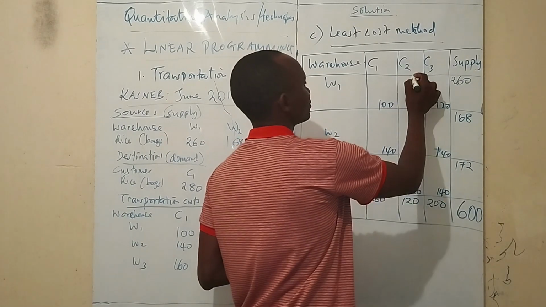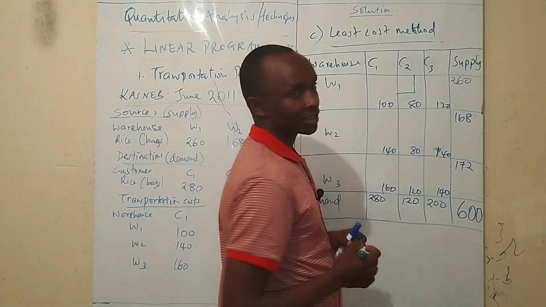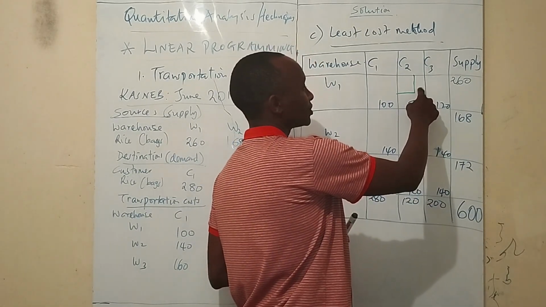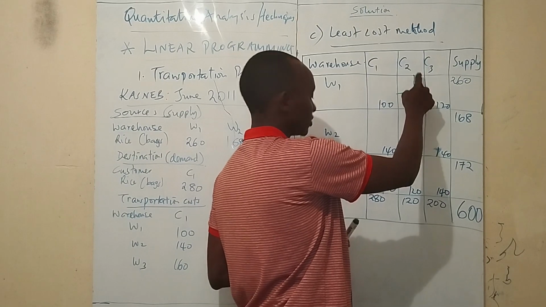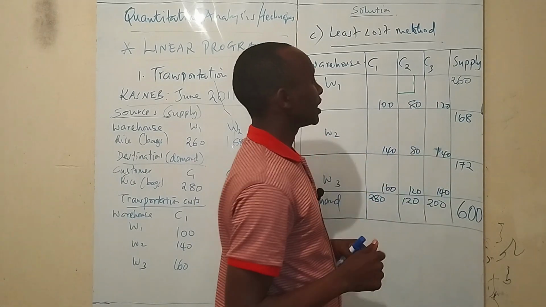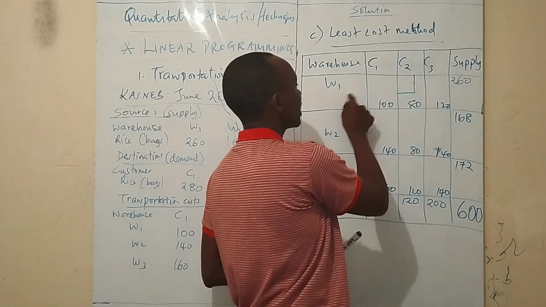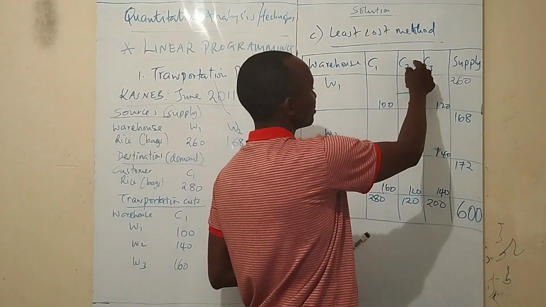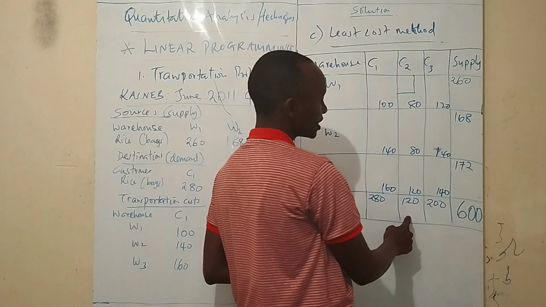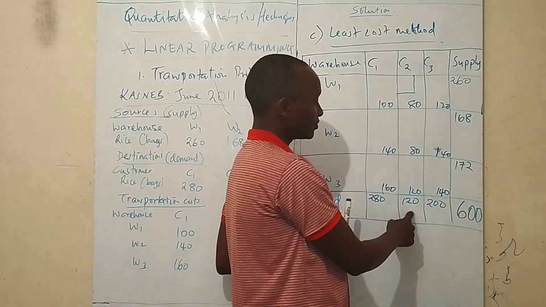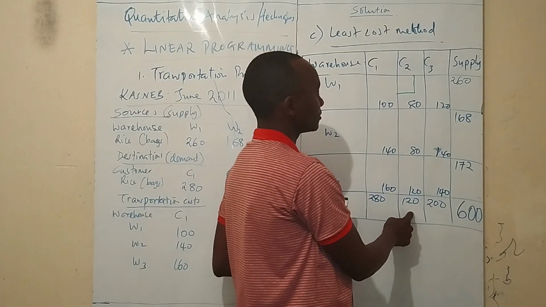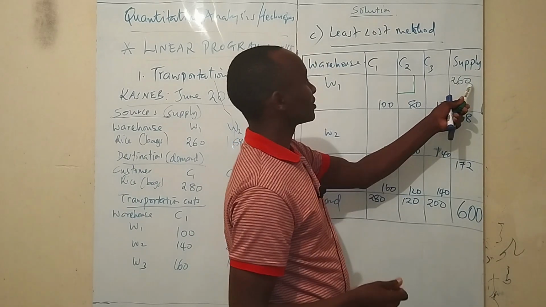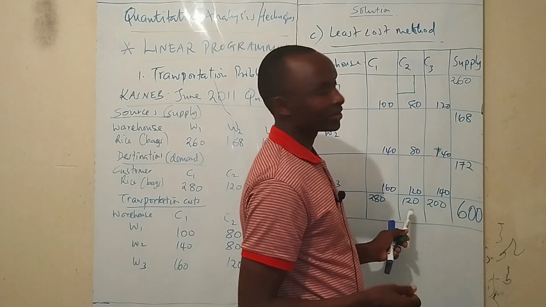So when you have identified, now you draw as such, and then you allocate as much as possible to this least cost. Now that we have in warehouse 1 only 260 bags of rice, but this customer under this column requires 120 bags of rice, isn't it? So we are going to allocate the 120 because you cannot allocate 260 when the customer requires only 120.